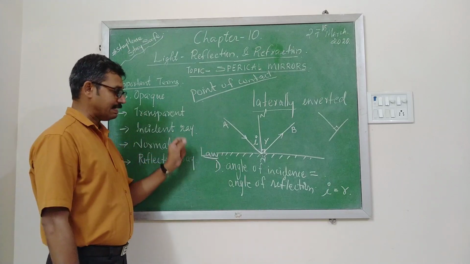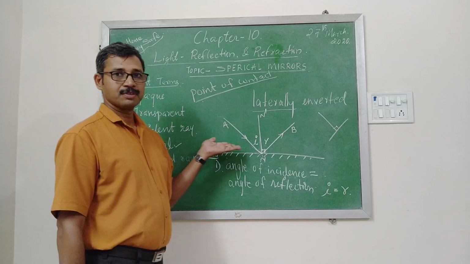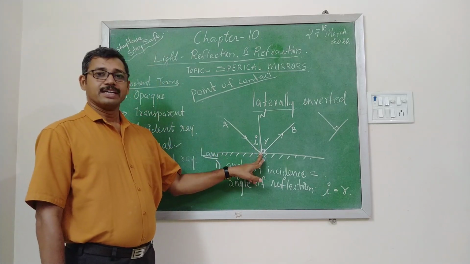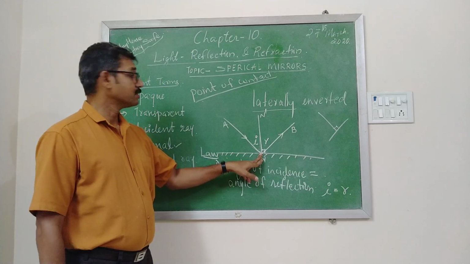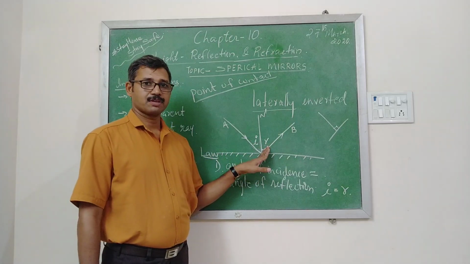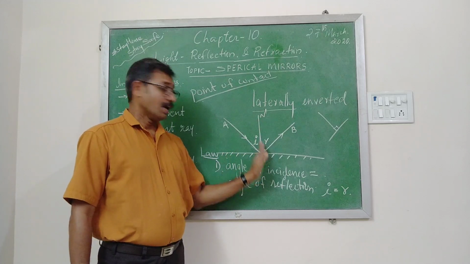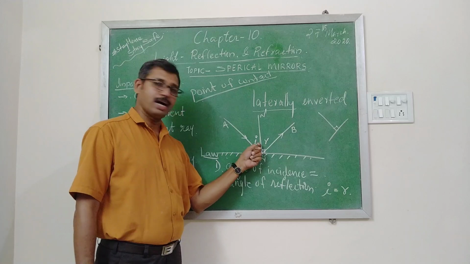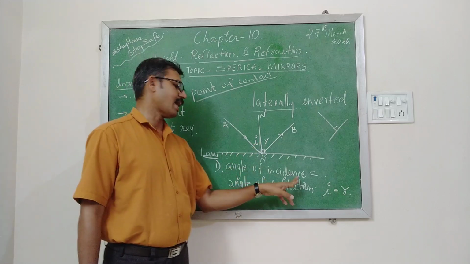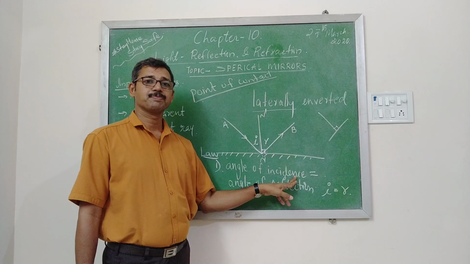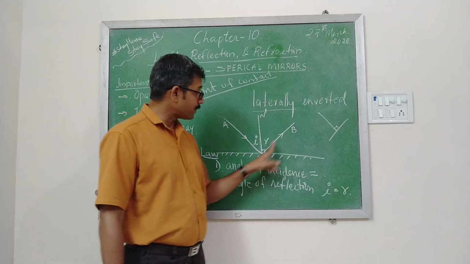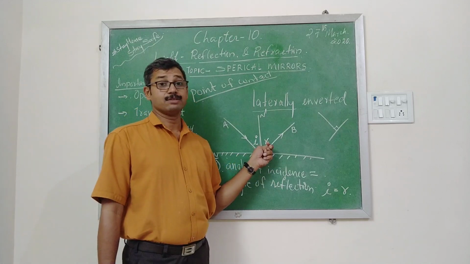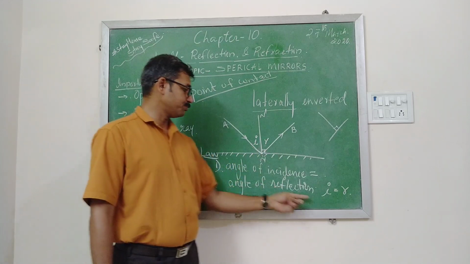I will say a little in Hindi also here. ये जो इंसिडेंट रे है, रिफ्लेक्टेड रे है, और ये नॉर्मल है. अभी जो इंसिडेंट रे और नॉर्मल का बीच में जो एंगल है, उसको क्या बोलते हैं? एंगल ऑफ इंसिडेंस. और रिफ्लेक्टेड रे और नॉर्मल का बीच में जो एंगल है, उसको क्या बोलते हैं? एंगल ऑफ रिफ्लेक्शन.